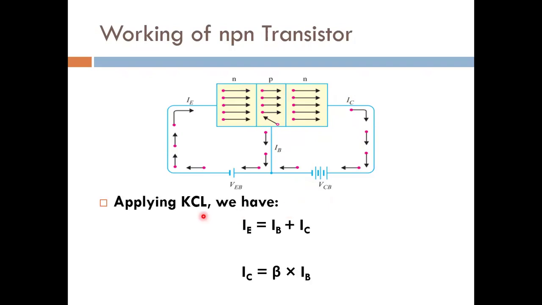If we apply the Kirchhoff's current law, we can see base current and collector current can be added to get the emitter current, while the collector current is beta, that is current gain, multiplied by the base current. And this equation tells us how much current will be amplified at the collector depending on the beta as well as the base current IB.